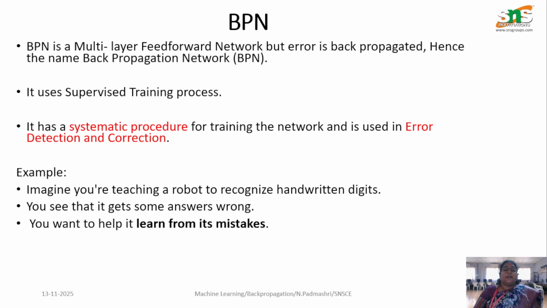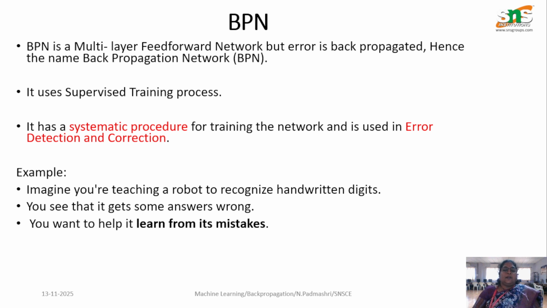Then if we are not getting the accurate, actual output, we figure out that there may be some error or some data loss in the network. So we need to back propagate it and correct the error, then again feed forward the same process to improve the performance of the network.